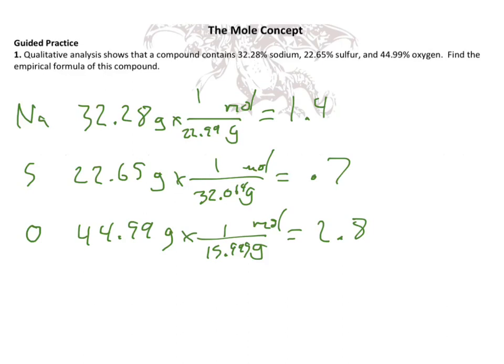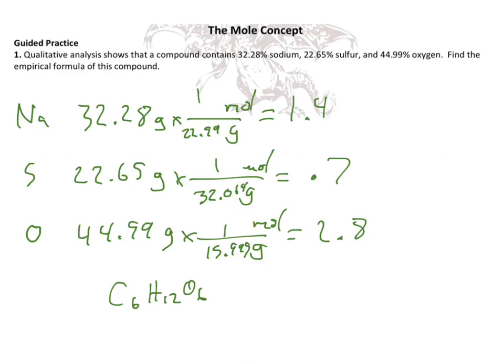Now, when we have a formula, let's say glucose, the numbers in it tell us the number of atoms in the molecule. However, it also is a mole ratio: 6 moles of this will be with 12 moles of that, and 6 moles of that. So it's a 6 to 12 to 6 mole ratio.